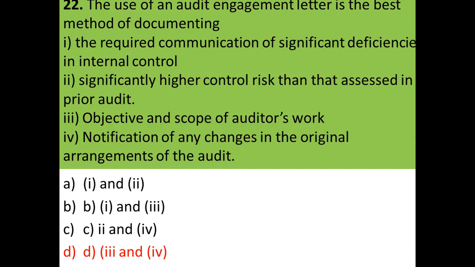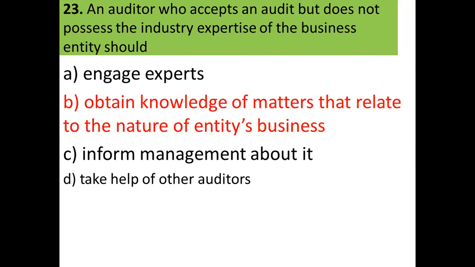Third, significantly higher control risk than that assessed in prior audits. Fourth, objective and scope of auditor's work. Fifth, notification of any changes in the original arrangements of the audit. The answer is D, which is 3 and 4: objectives and scope of the audit work and notification of any changes in the original arrangement of the audit.